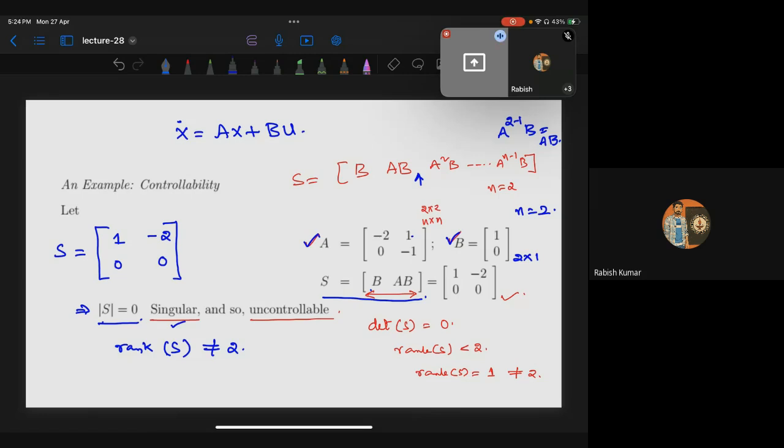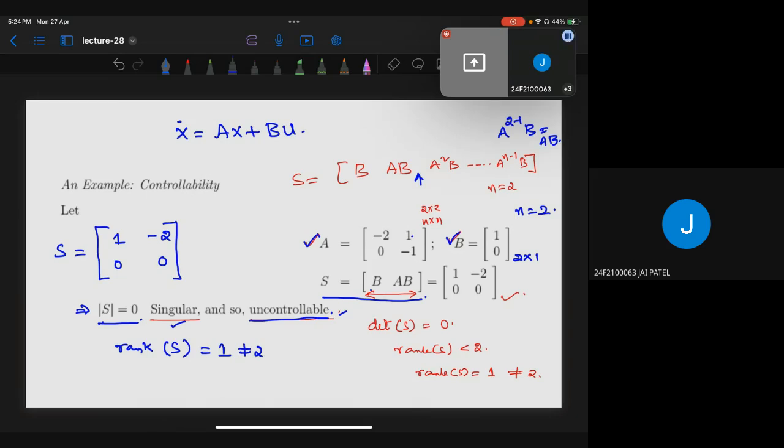The rank will be 1, which is not equal to 2, so it is not equal to n. Then you can say that the system is uncontrollable. Is this clear? Any doubt?